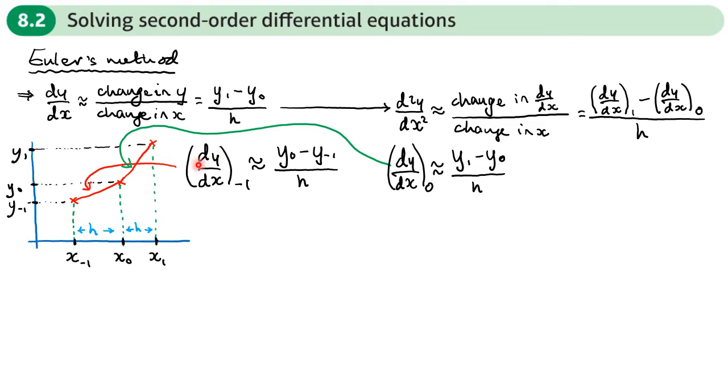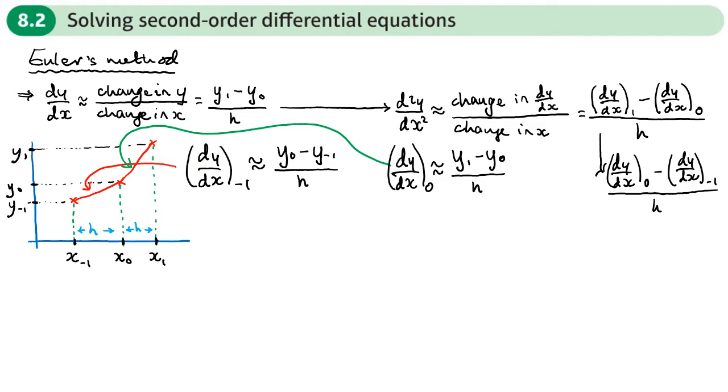So now what we've got is these gradients, which we can now plug into here. Now I know I've got 0 and 1, but I can swap this for 1 and 0. I can put 0 here and negative 1 here. So I could actually say that this is the same as dy/dx at 0 minus dy/dx at minus 1 over h. Yeah, so that allows me to use what I've got here.